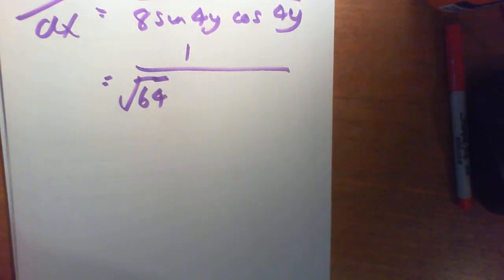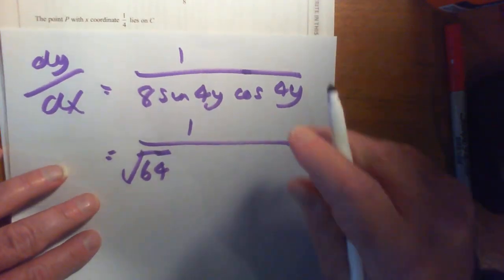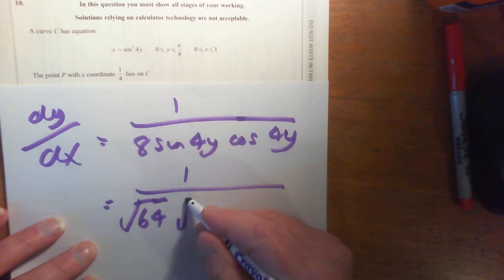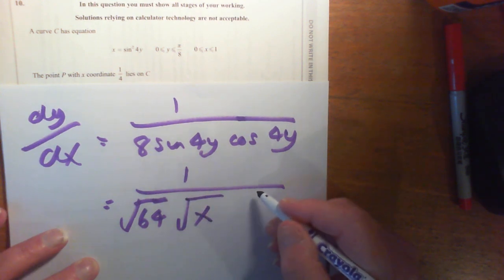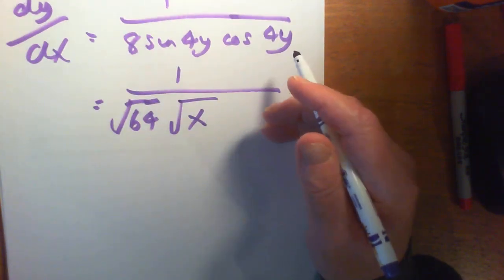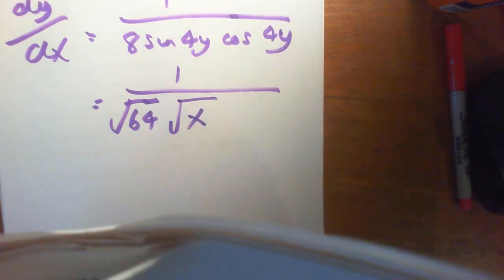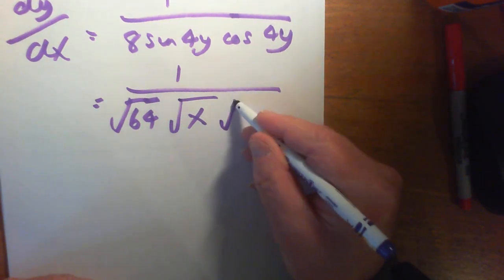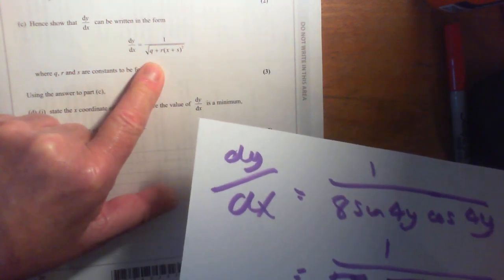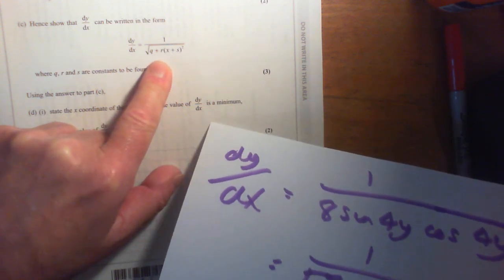Now, going back to the original expression up here, sine 4y is the square root of x, and therefore cosine 4y, by a bit of basic maths, is the square root of 1 minus x. This can get a bit nasty here actually, because what it's asking for is an expression of this form. It's not immediately obvious what you need to do here, but what you're actually going to do is complete the square.